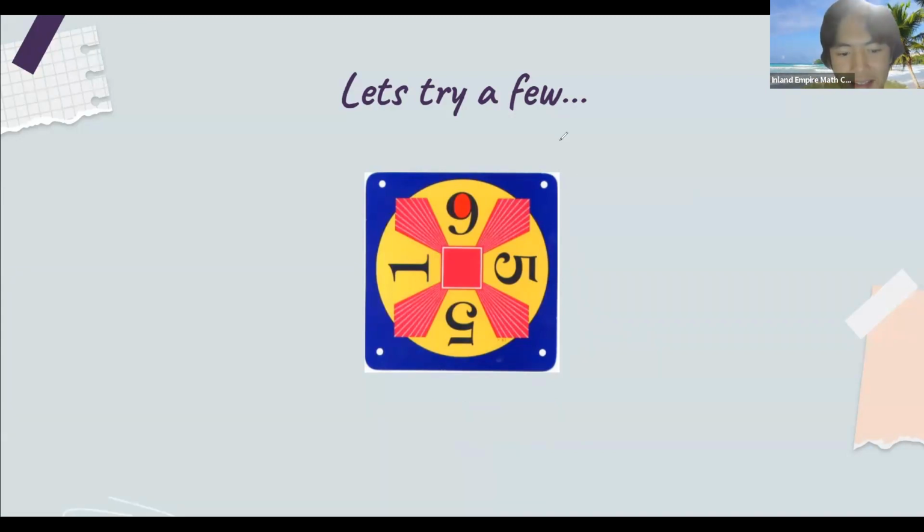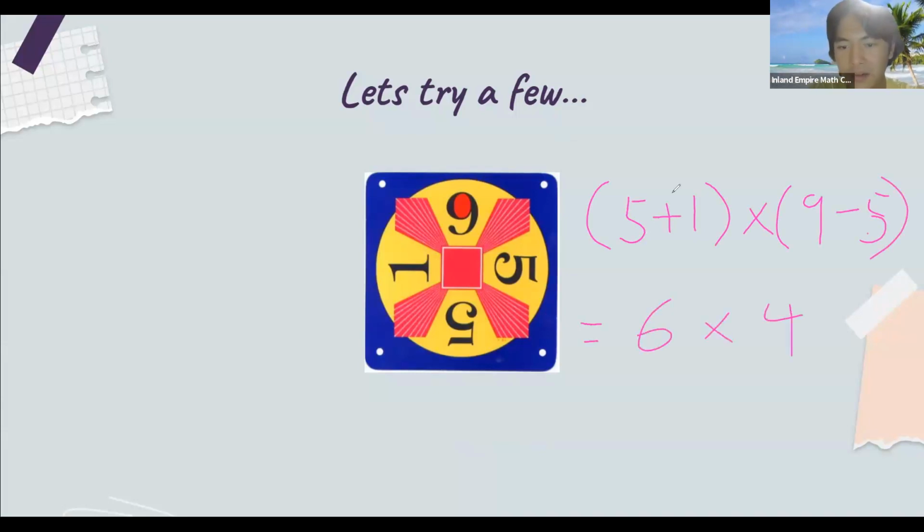So this one is slightly trickier because you actually have to use parentheses. So the right answer would be 5 plus 1 times 9 plus 5. Oops, 9 minus 5. So that would be equal to 6 times 4, which is 24. Just to make sure, does everyone here understand how parentheses works?